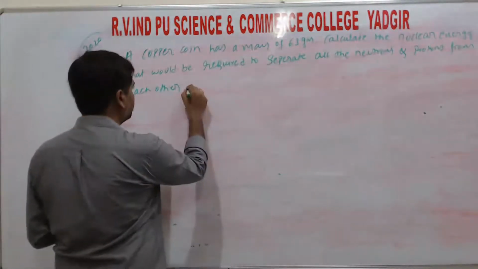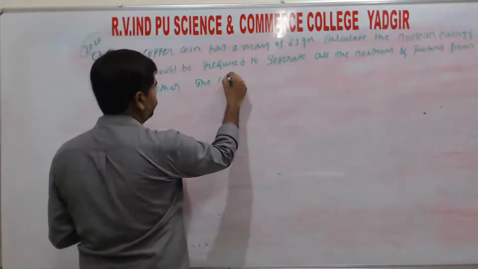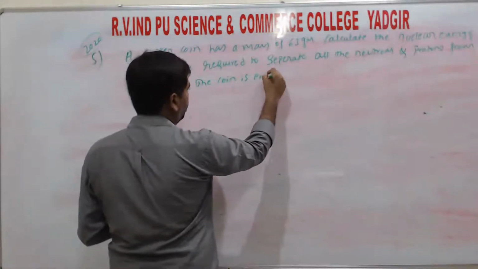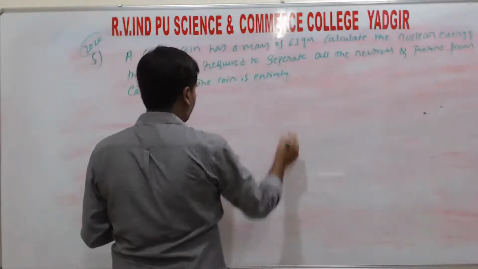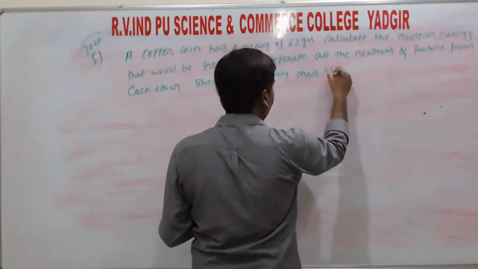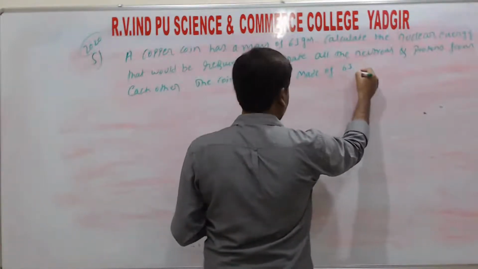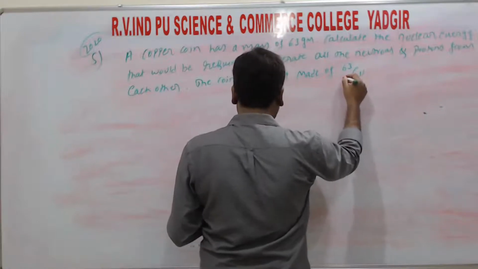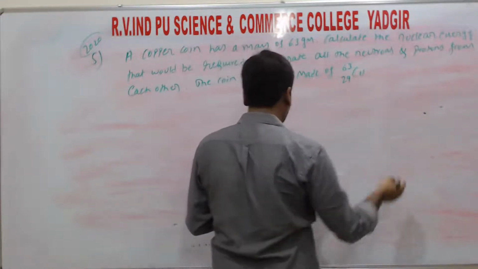The coin is entirely made of 63 Cu 29 atoms, right?